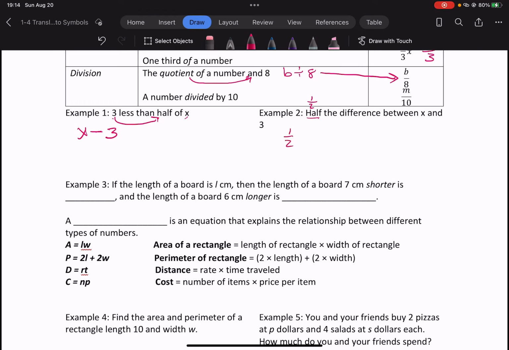So you're going to do multiplication with parentheses. Inside the parentheses, we have the difference between, and there's my "and," my minus: x minus 3. Half the difference between x and 3 is 1/2 times (x minus 3).